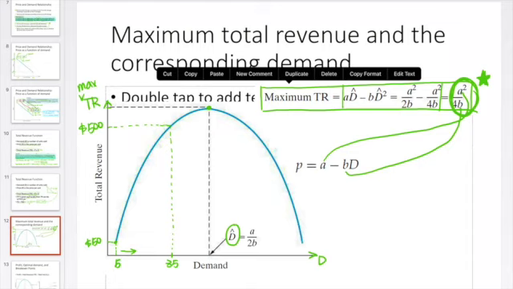So the D hat is the demand where you can get your maximum total revenue. And to calculate the D hat, you have this function A over 2B. Whenever you know what A and B are, you can calculate the D hat very easily.